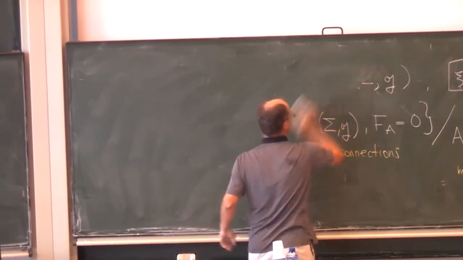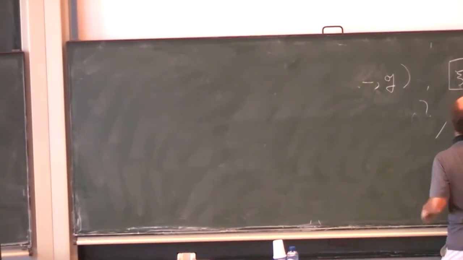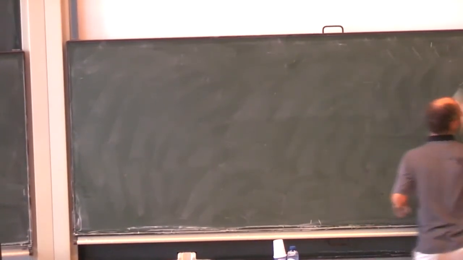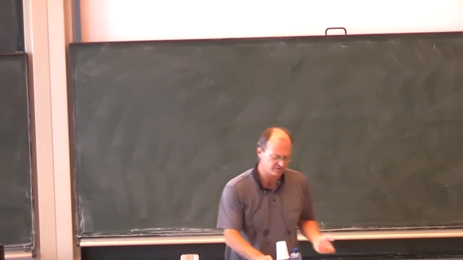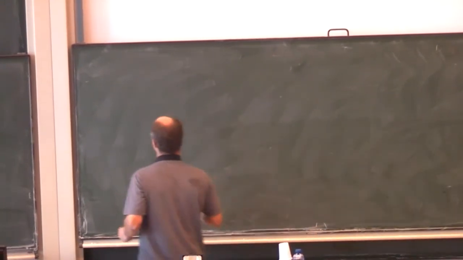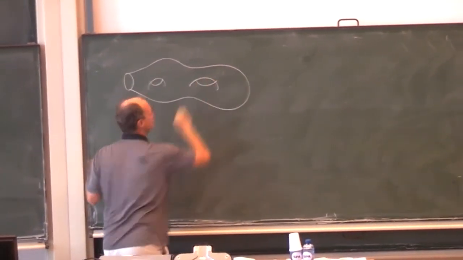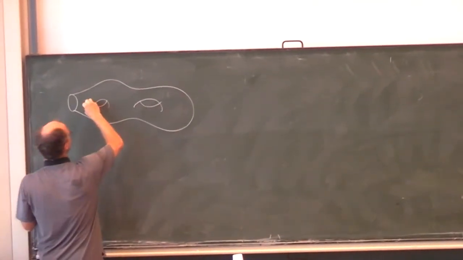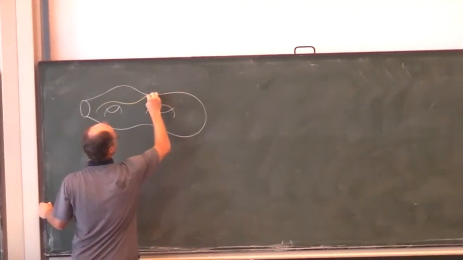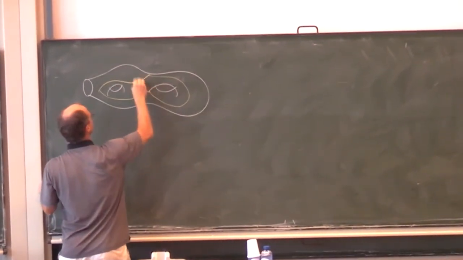So what about the Poisson structure? Well, before giving you the Poisson structure, I should tell you something about the functions. Now, one idea of how one can construct functions is as follows. We need the following data for this construction. Let's choose some closed curve, let's say gamma.